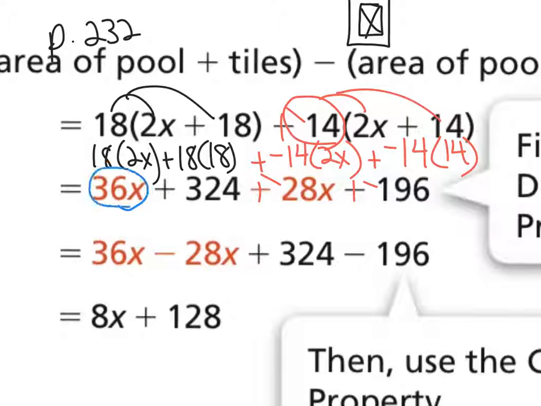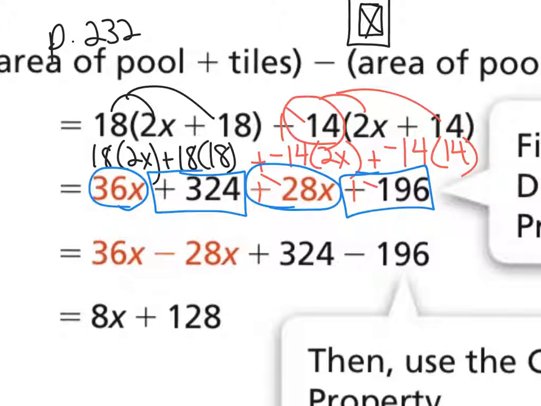Once we get to that point, we just combine like terms. 36x plus negative 28x, you can go straight to the answer, 8x. Then 324 plus negative 196, they are working against each other, so you subtract those and get 128.